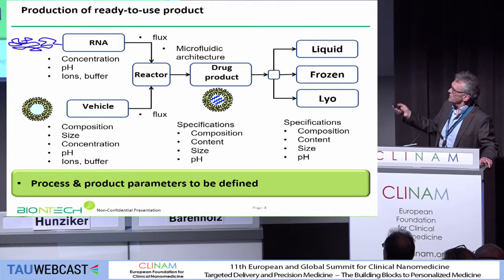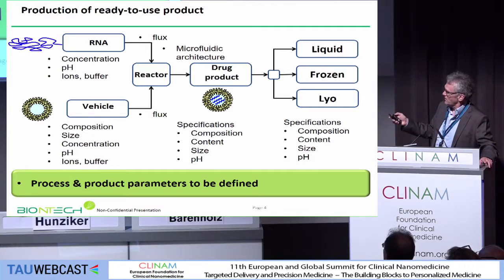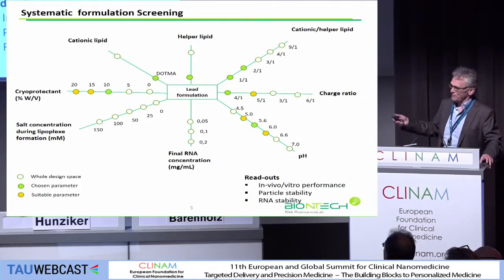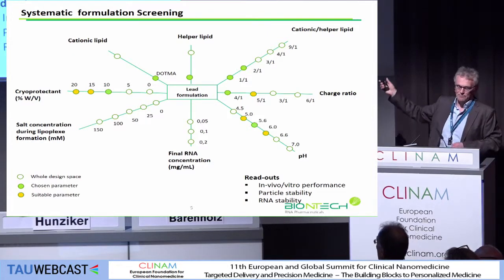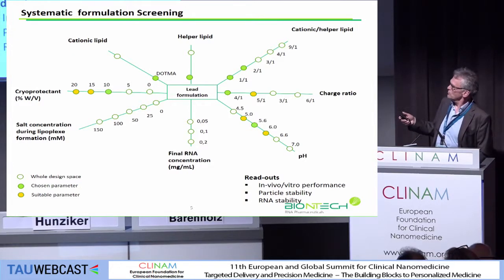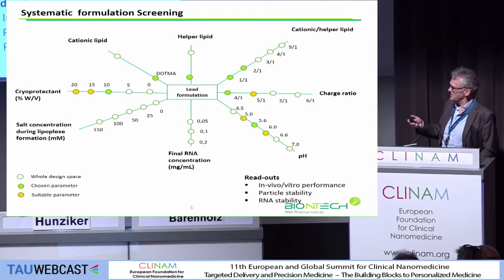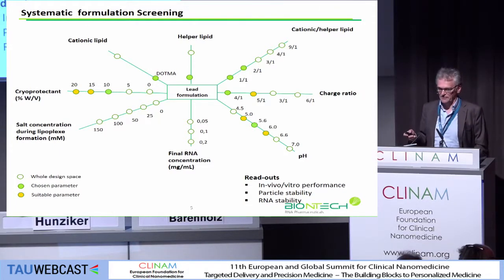So all these parameters that I mentioned here have to be controlled, and they have to be kind of understood, and that's an enormous space of parameters, and you end up with what we designed here as kind of a spider web. All potentially product and process parameters have to be varied, and the ideal conditions have to be identified.